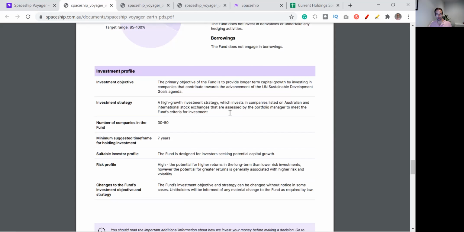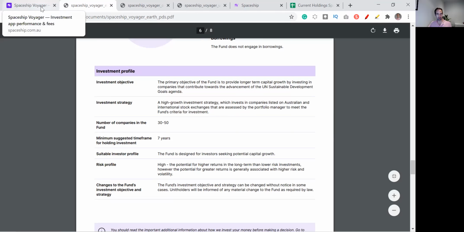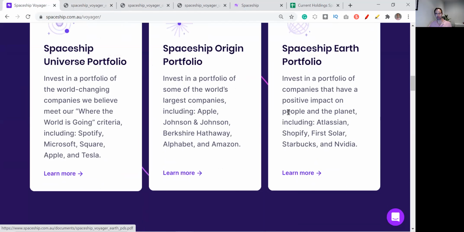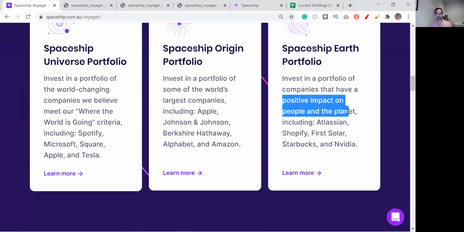High growth. I think on the top page, we found a really interesting statement. Again, not very clear, but yeah, investing in a portfolio of companies that have a positive impact on people and the planet. So it's still very broad, and it could still end up including almost every company.